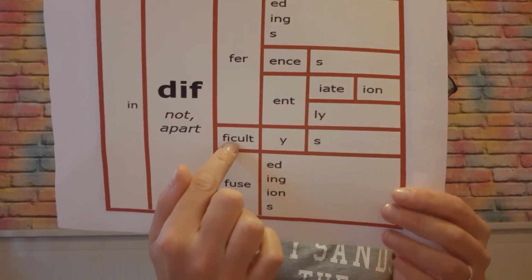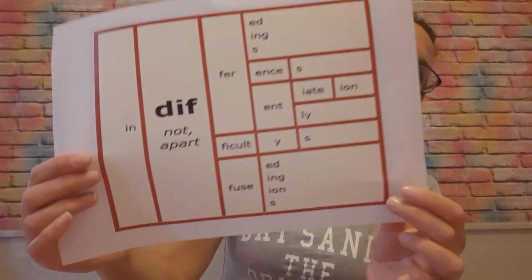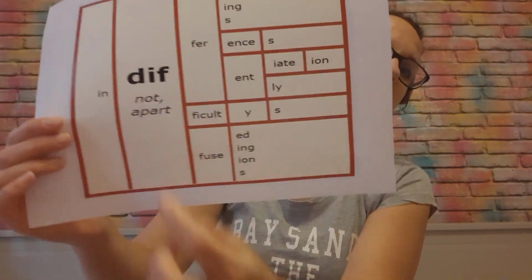We have got difficult, which actually comes from the French and then originally the Latin facile, which means easy. So actually, look, difficult is actually not easy, which is obvious when you know it. So difficult literally means not easy, and fuse is to do with pouring out.